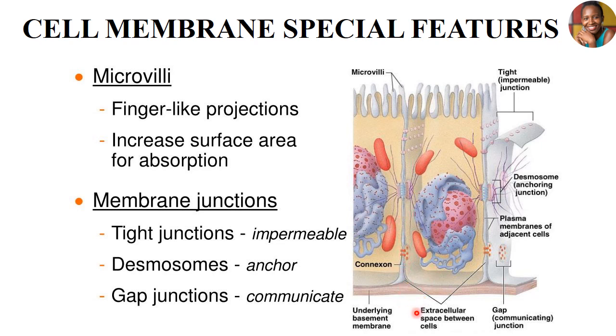So this here is a junction, there's another type of junction here, and then we have another type of junction here. The space in between the two cells is what you call the extracellular space. With these different types of junctions, they all have different characteristics. The tightness is not the same. The functions are also not the same.